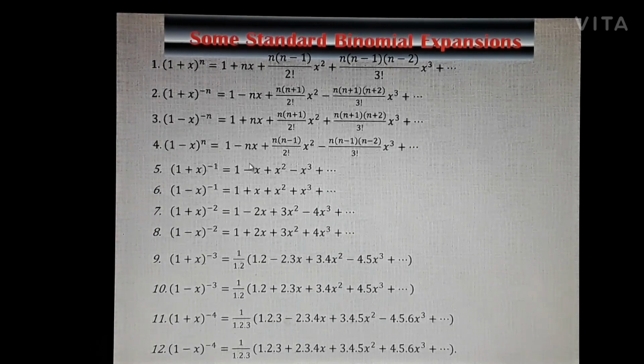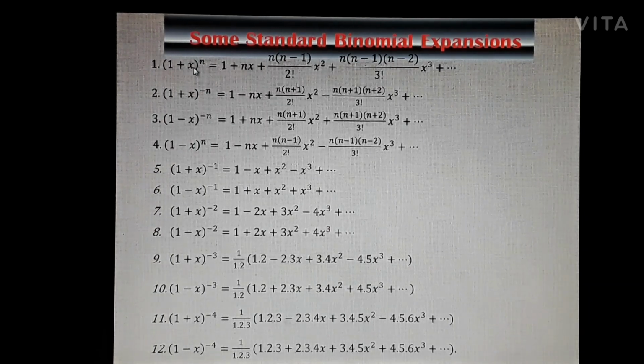So how to remember these expansions easily? Some expansions have the numerator n into n - 1, n - 2 etc. Some expansions have n into n + 1, n + 2 etc. So how to differentiate both?